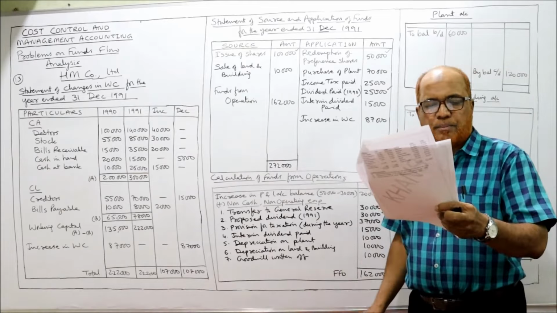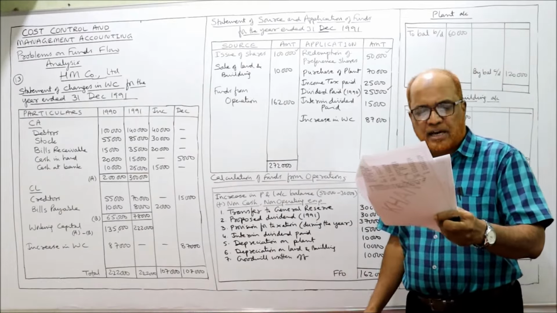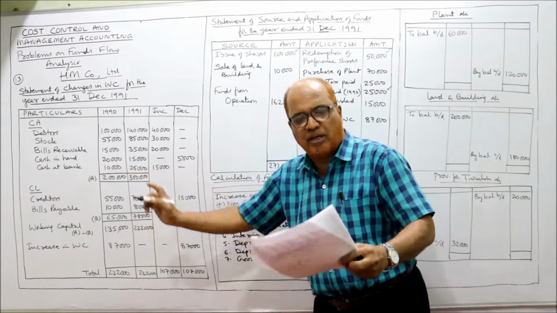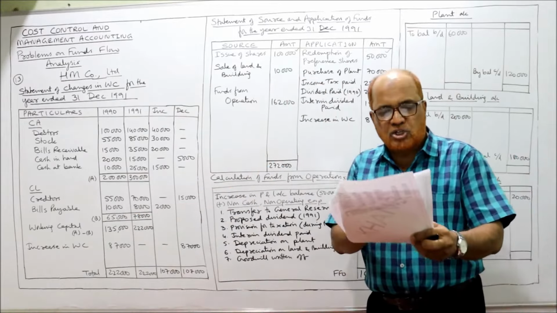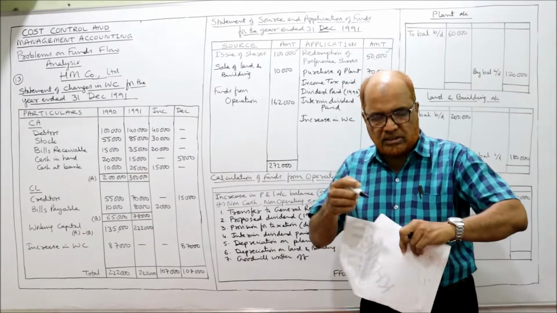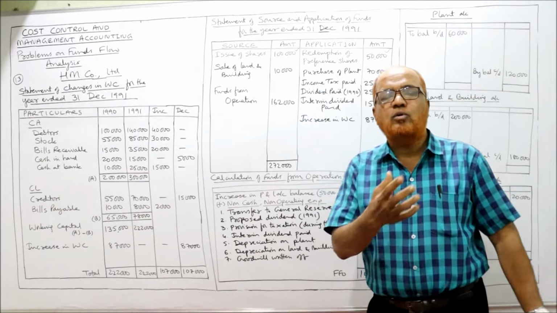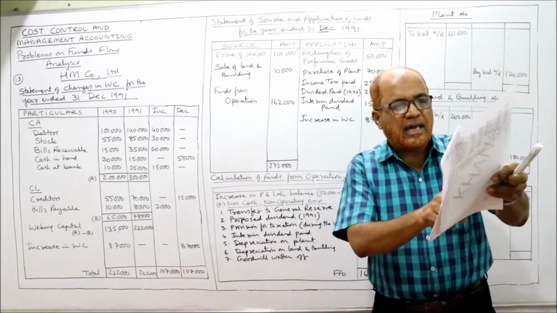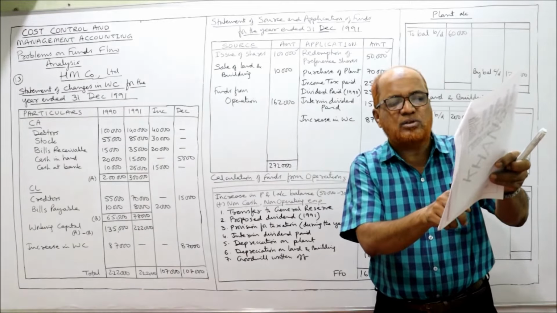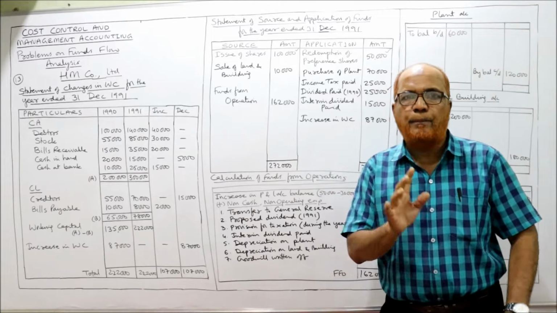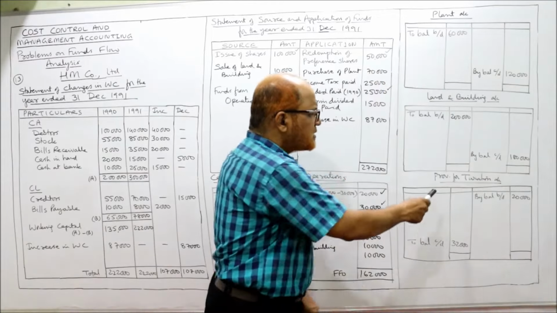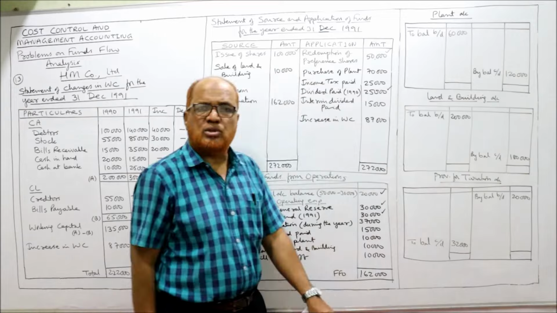Right? Next, creditors. The creditors and bills payable we have already taken, ignore. Then provision for taxation. Provision for taxation, opening 20,000, closing 32,000. We have to open the account. In the last line it is given, income tax of 25,000 has been paid during the year. So here you can see the provision for taxation account.